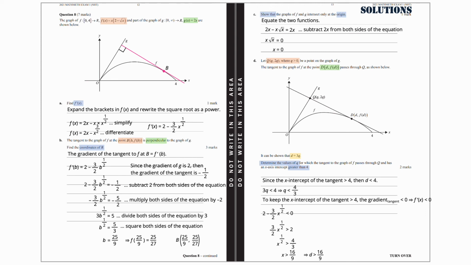Remember again, d equals 3q, so 3q is greater than 16 on 9. So q is greater than 16 over 27. So q is an element of the interval 16 on 27 to 4 on 3. Both ends of the interval are open.